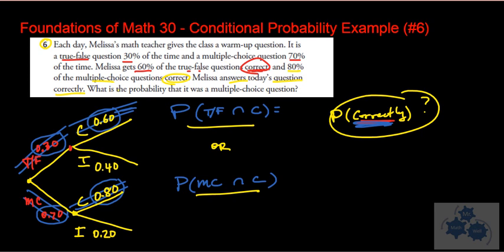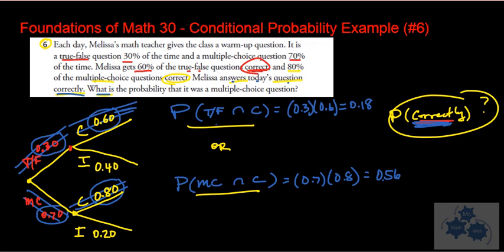I know that we have another question here, and I'm going to get to that in a second. But Melissa answers today's question correctly, and we need to know what the chances of that happening are, first of all. So that's what we're going to do here real quick. I'm just going to pause the video here and get some numbers ready for you. These probabilities come from the multiplication of the individual probabilities. The probability that it's true-false and correct is 0.18.